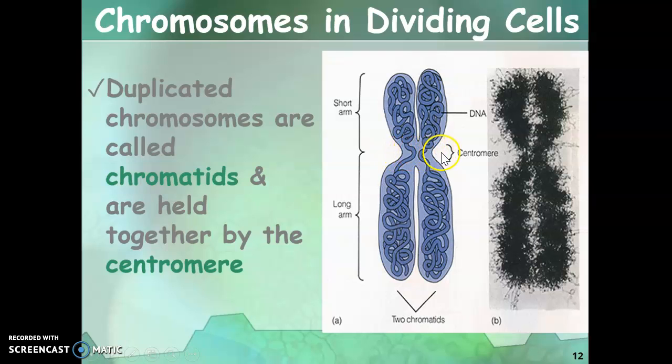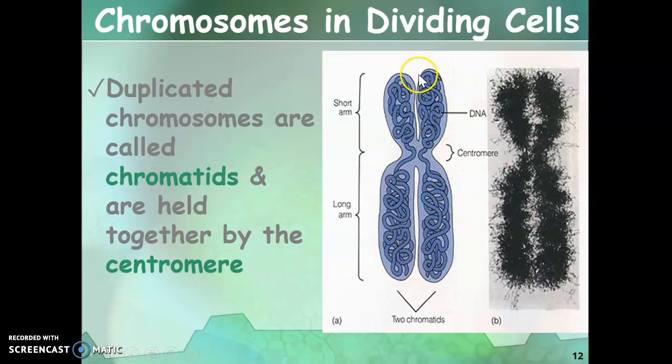They are held together here by a structure called a centromere. So you can see one strand of DNA here, and the identical sister strand here. And this is where they're held together. And we call these two things chromatids or sister chromatids.